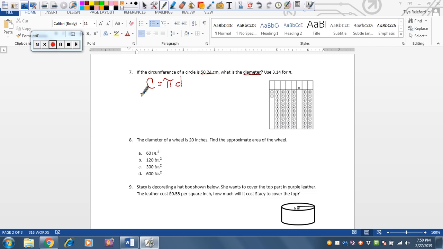Put the numbers you know where they go, and then you're going to solve this equation for D. Now this is 3.14 times D. What's the opposite of times? Divide. So you're going to divide both sides by 3.14. That will give you diameter.